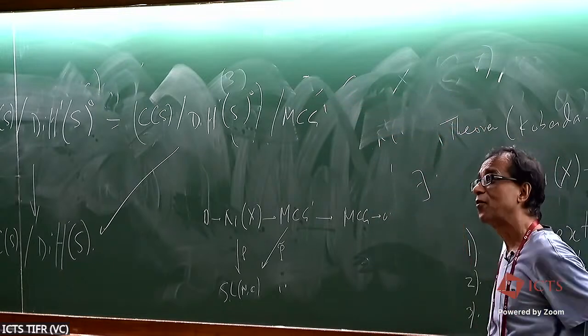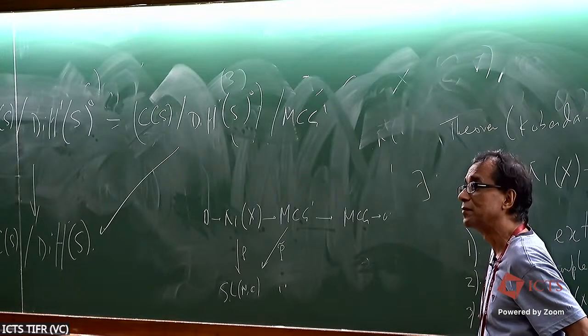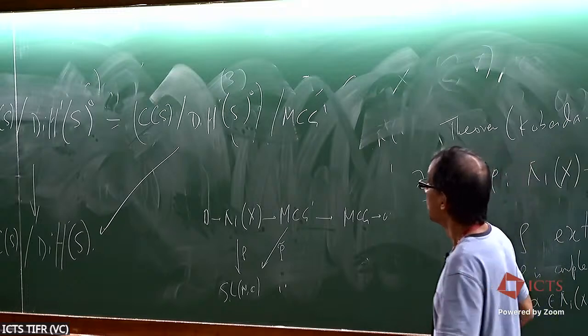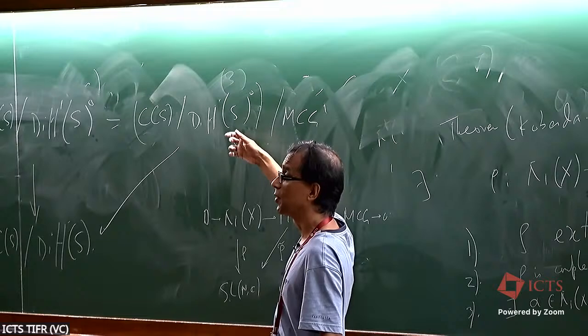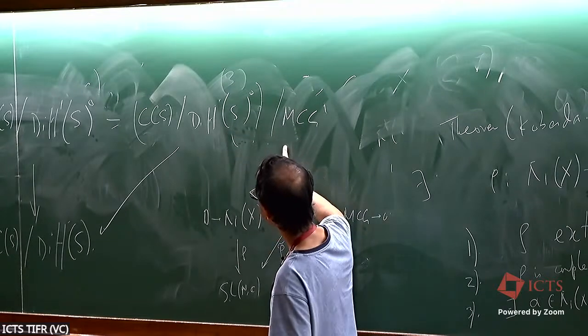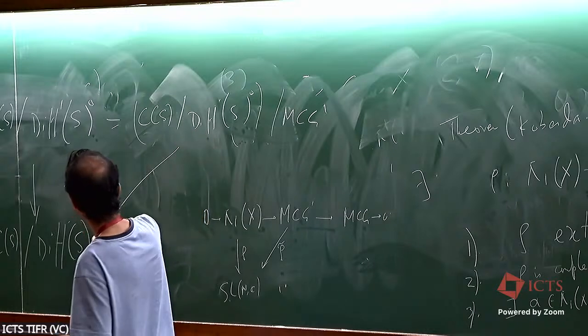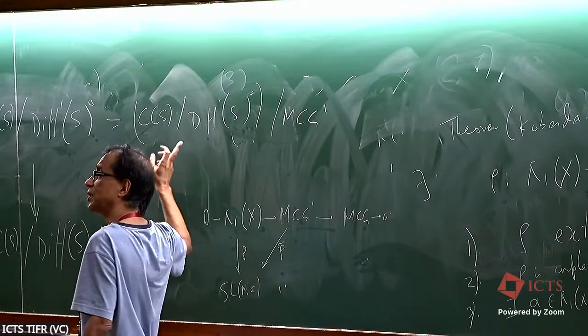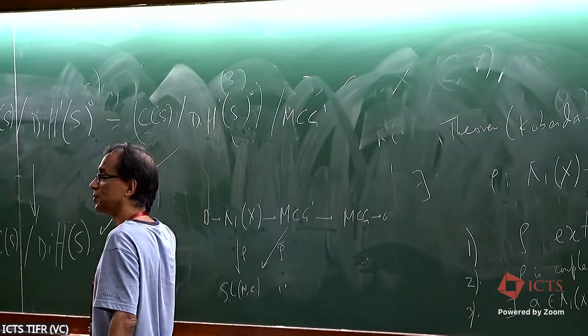But what happens to the corresponding Higgs bundle? A family of Higgs bundles. Most important, this is a quasi-projective variety, and this is a quasi-projective variety. This is a moduli space of curves, and this is a universal moduli space of curves, the universal curve over the moduli space.